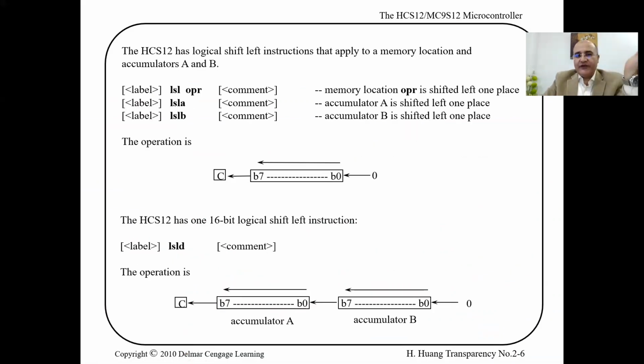Now, logical shift. In logical shift, you don't care about the sign bit, the most significant bit. So the logical shift left, you bring a 0 into the least significant bit. Every bit moves one step forward. The most significant bit goes to the carry flag. So for the logical shift left, it is almost the same or exactly the same as an arithmetic shift left, right?